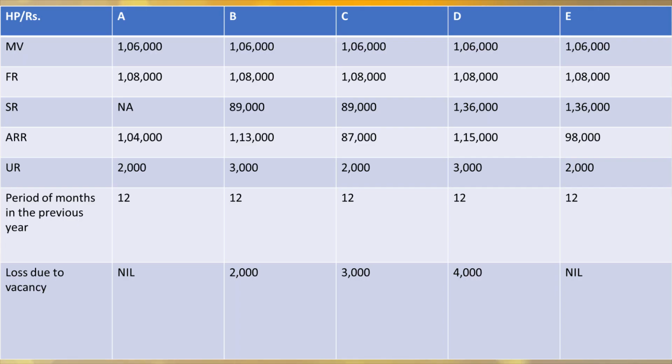Let us take one example where the municipal valuation, the fair rent, the standard rent, the actual rent received or receivable, unrealized rent, period of months (taken as 12 months for each case), and loss due to vacancy are given for 5 house properties, namely A, B, C, D, E. So in this example we have taken loss due to vacancy as well as unrealized rent.